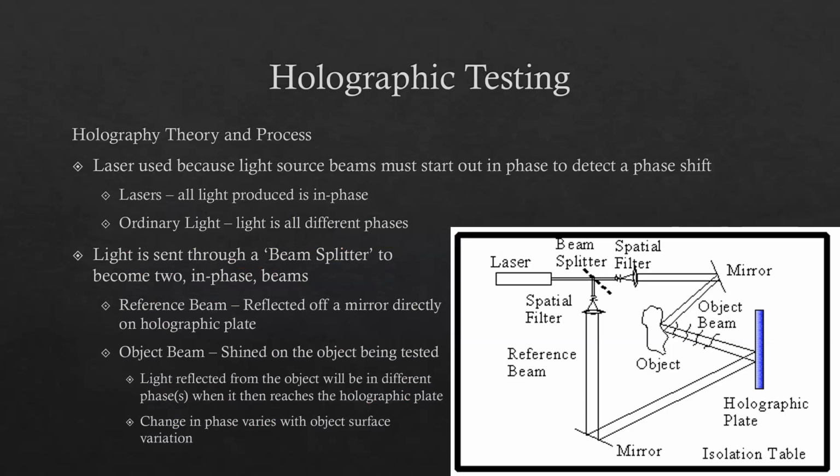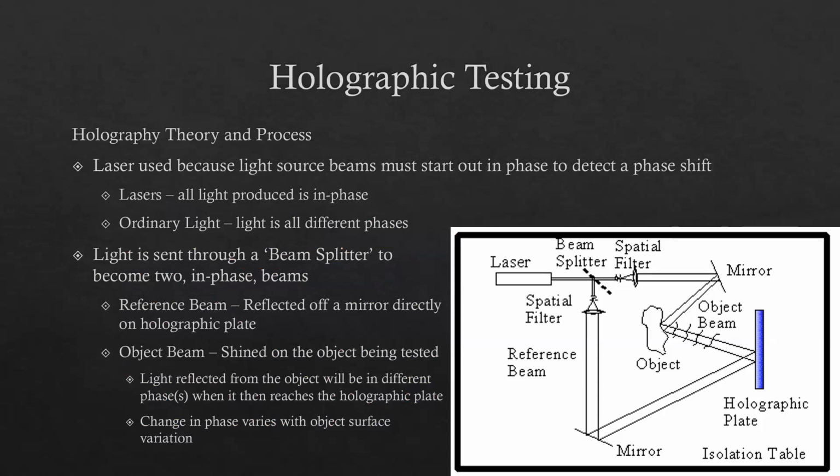We run it through a polarizing type filter, which splits the beam into two beams that still have the same phase. Essentially we send half the light one way and half another way. One of those beams we send directly over to our holographic plate, which is our sensor.